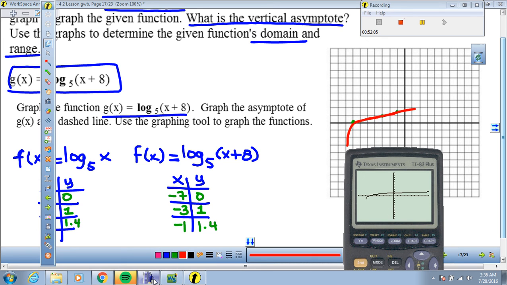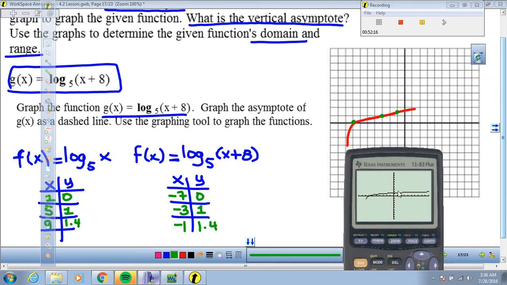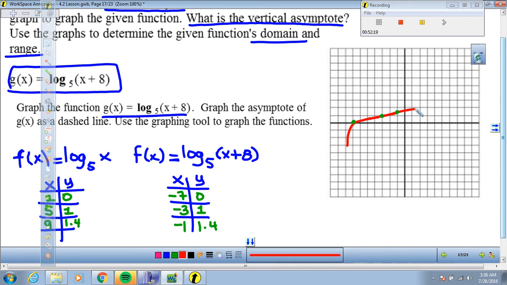It's increasing slowly. In mine, it looks like it is increasing a lot. Probably this point I should have put a little bit lower, but more or less it looks like this. And it is, as a matter of fact, going to be getting bigger and bigger, going up here.